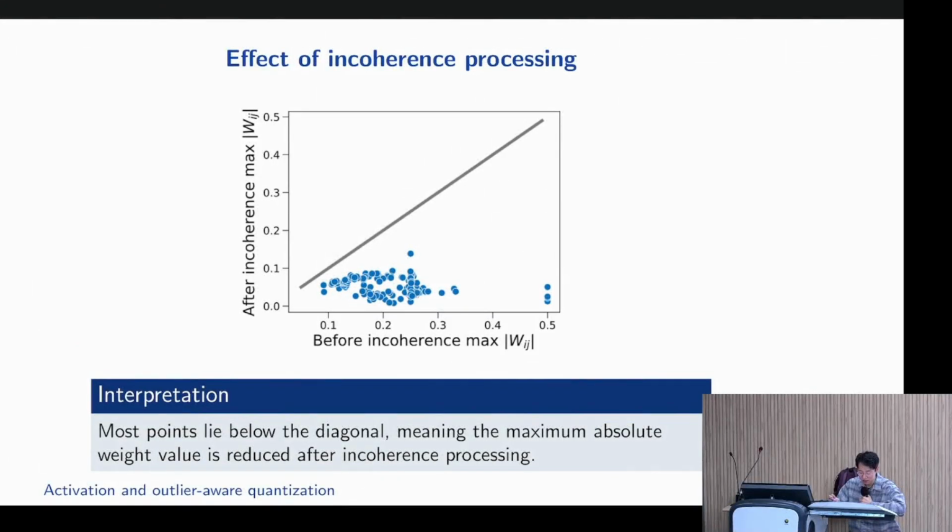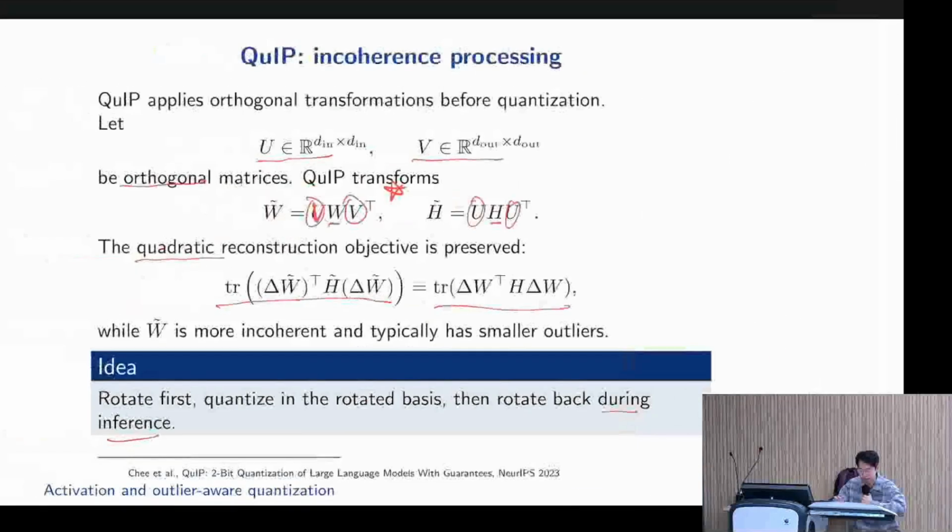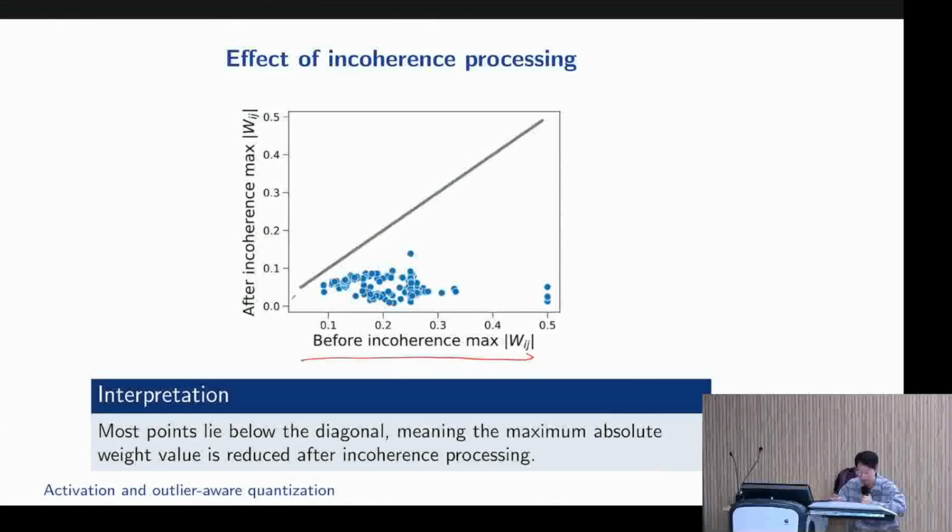What's nice about this is, if you look at this diagonal line here, before this processing of pre- and post-multiplying with these orthogonal matrices, if you compare before and after, these large values became very small. So all the points are below the diagonal, meaning the maximum absolute value of the weights is reduced after incoherence processing.